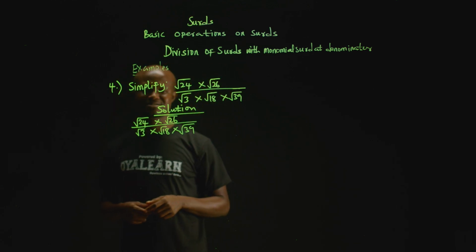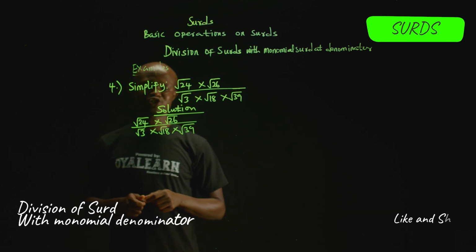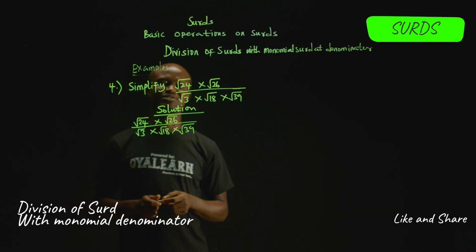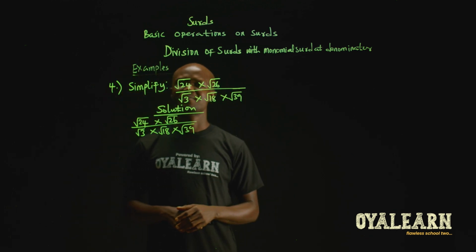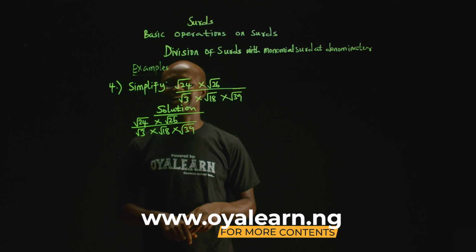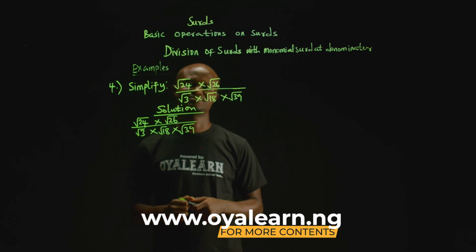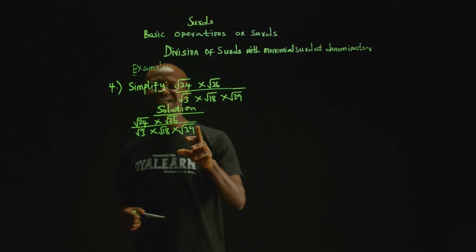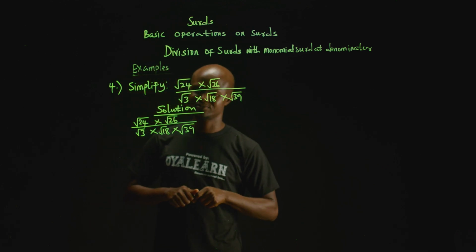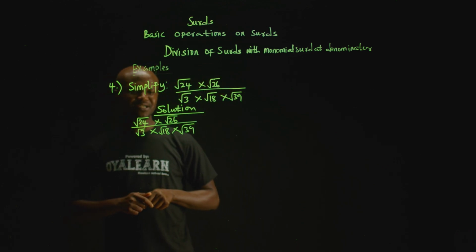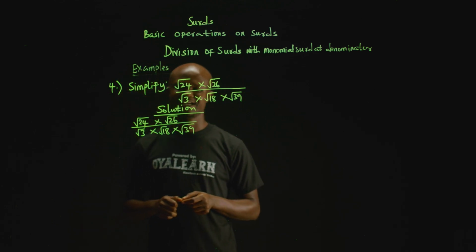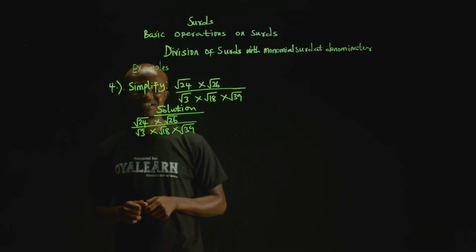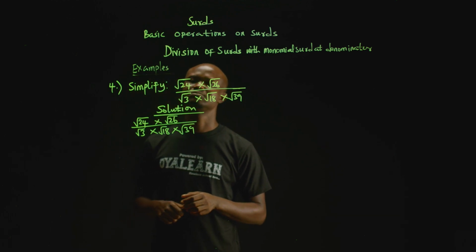So in this case, we can't split 26 as a product of perfect and non-perfect, because the highest perfect square number you can have in 26 is 1. And looking at 39, our denominator, the highest perfect square number you can have in 39 is also 1.